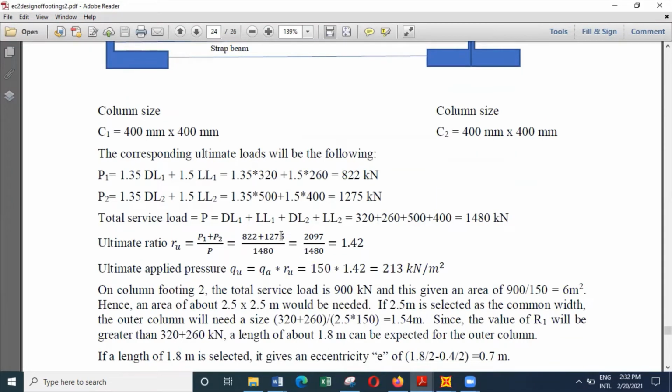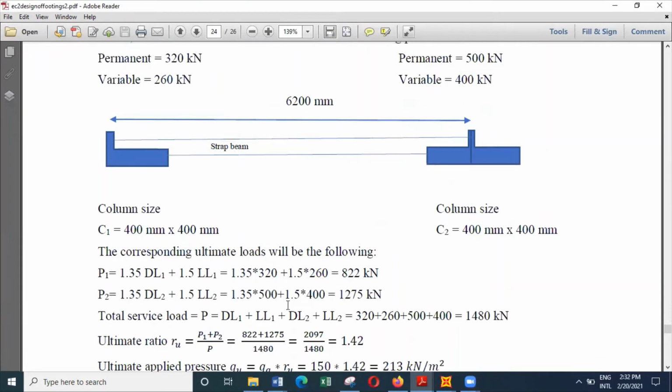So based on all this, let's consider that we are going to use a length of 1.8 meters, giving an eccentricity of 0.7 meters.